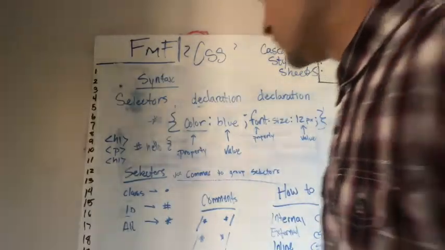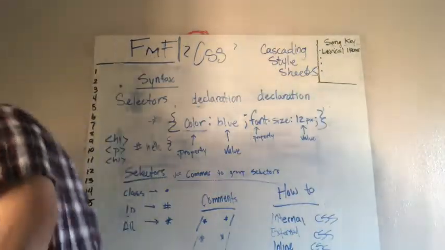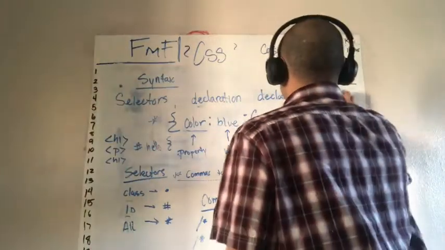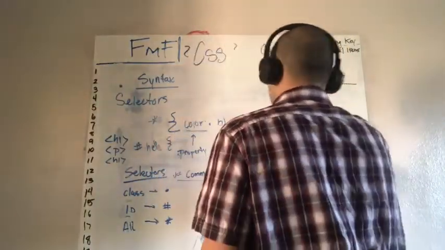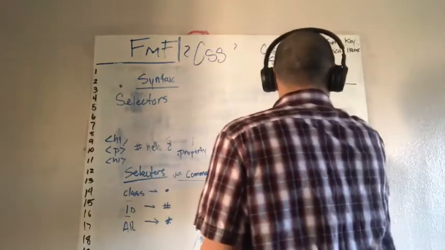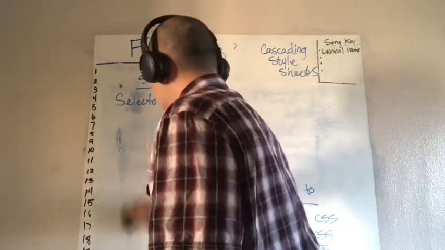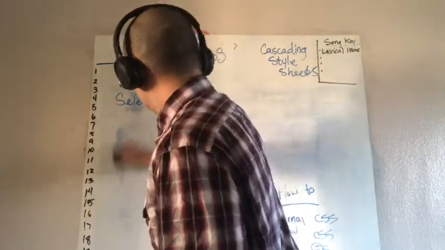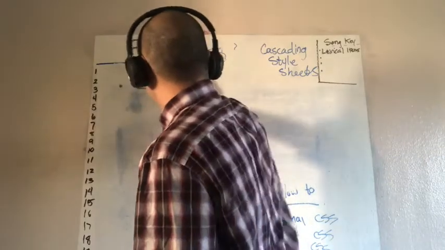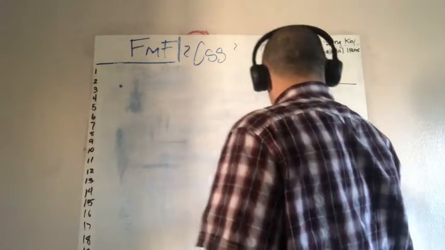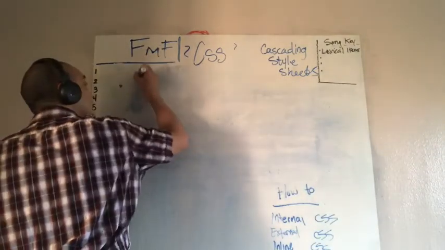How to apply CSS: there are three different ways you're going to apply your CSS to your HTML. There's internal, there's external, and inline. It's almost as easy as 1, 2, 3. We've got inline first.